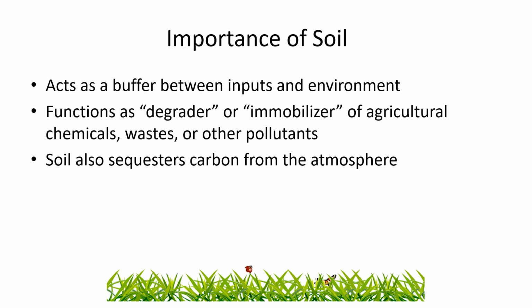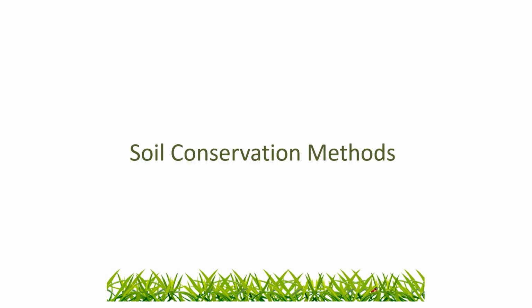Basically, what we throw in the environment, the soil absorbs. So the soil becomes the buffer between what we throw and what the environment absorbs. It also functions as a degrader or immobilizer of agricultural wastes, chemicals, and other pollutants. Soil also sequesters carbon from the atmosphere.